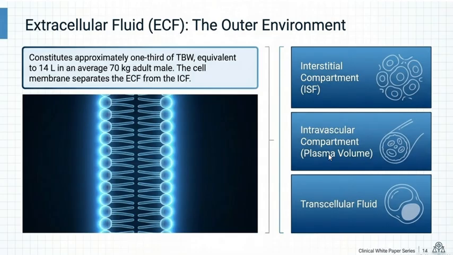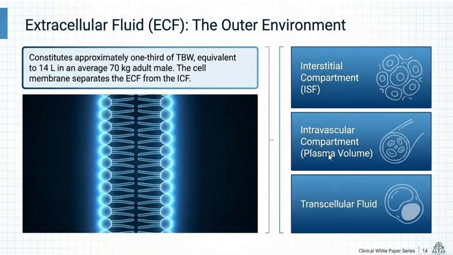Now, extracellular fluid acts as an outer environment for cells. It makes up about one-third of the total body water. It is separated from intracellular fluid by the cell membrane.